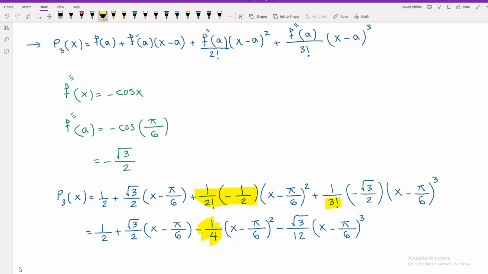Now here we have 3 factorial, so 3 factorial is 3 times 2, so that is 6. So we have 1 over 6 times negative square root of 3 over 2. So we have negative square root of 3 divided by 6 times 2, so that is 12 in denominator.